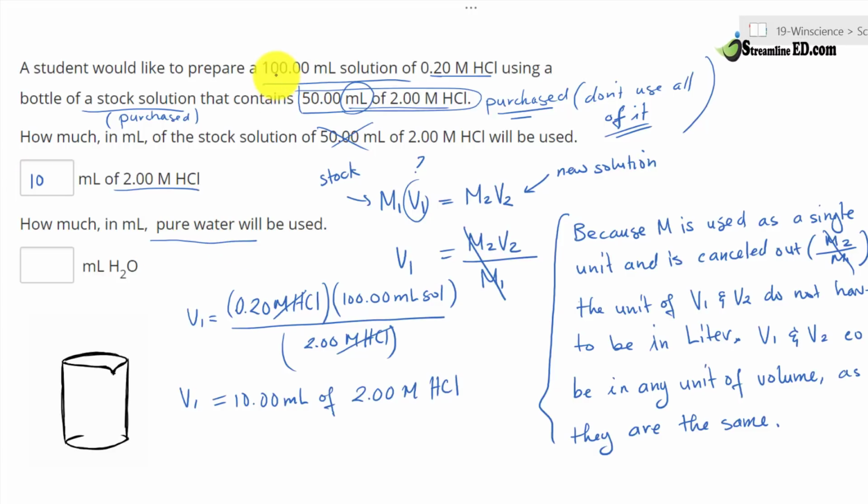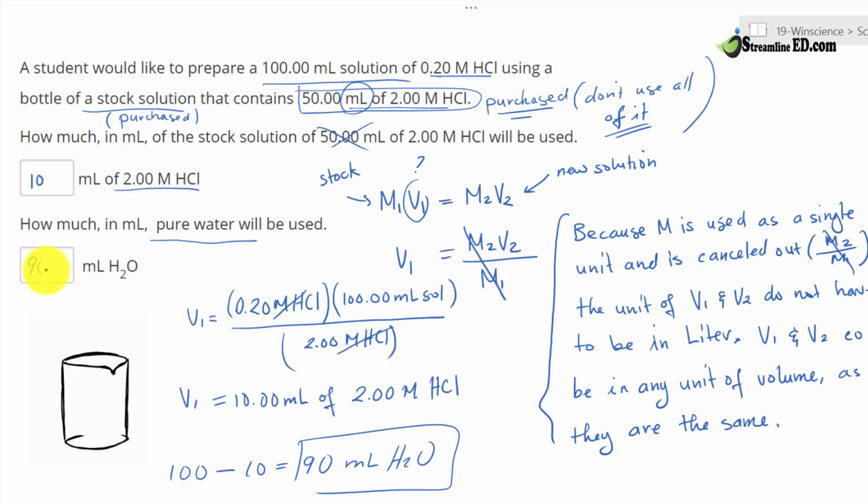All you have to do is take 100 minus 10, which gives us 90. Because using our 10 milliliters, adding another 90, we have 100. So we would have to use 90 milliliters of water, because our final volume is 100 and 10 of it is already from the stock solution, so the rest of it must be 90 milliliters of water.